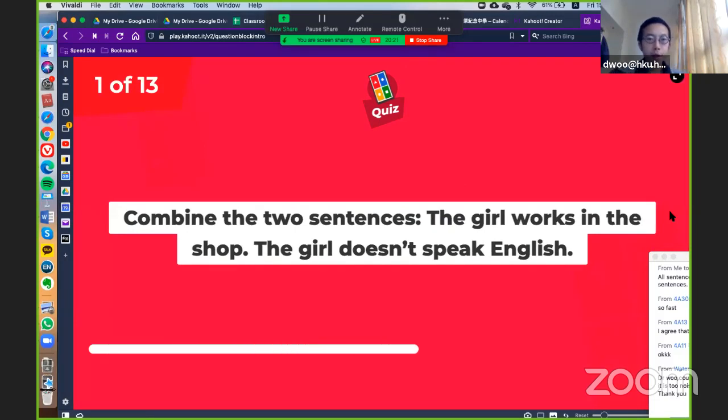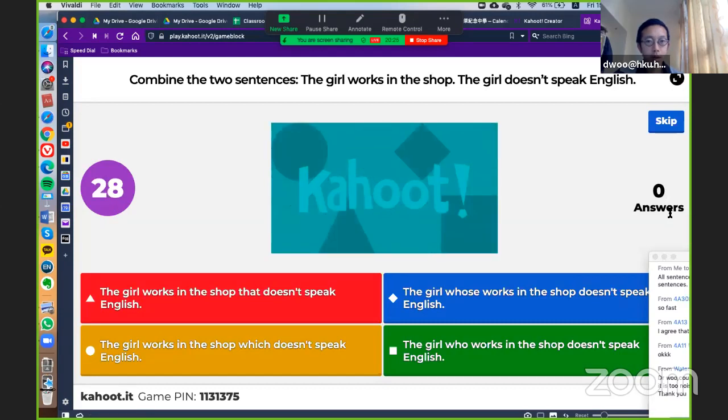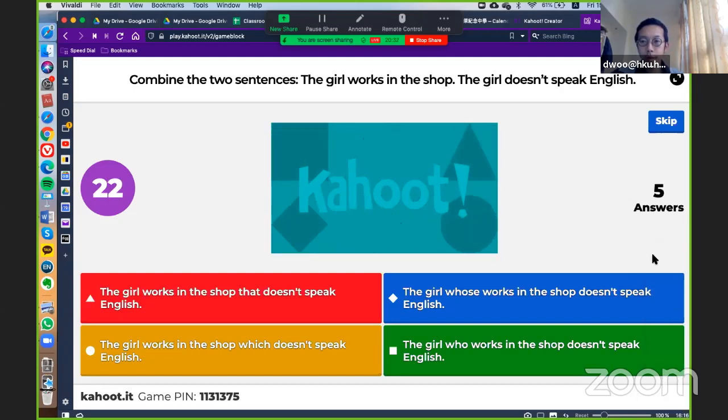Combine the two sentences. Oops, sorry about that.